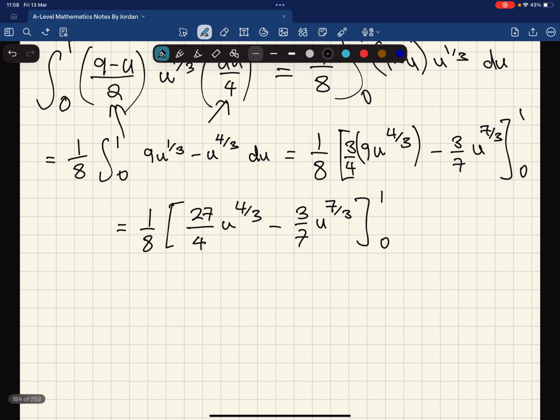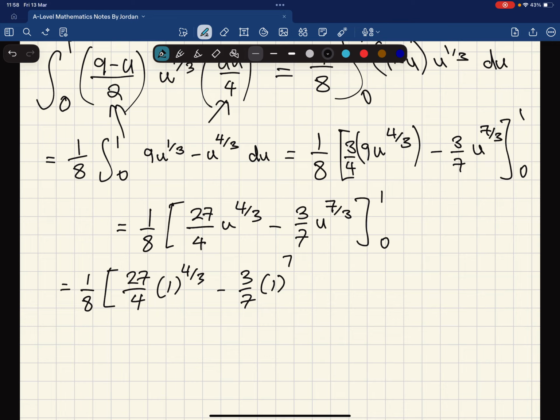Now it looks horrible in here, but remember you've only got 1 and 0 as limits. So 1 to the power of anything is just 1, and 0 to the power of anything is just 0. So this will be pretty simple, but I'll show you where I'm coming from. So if I put a 1 there, even with that power, it's still just 1.